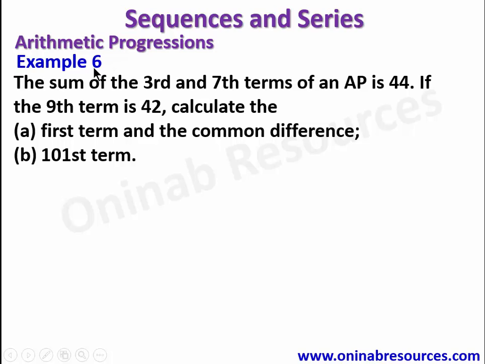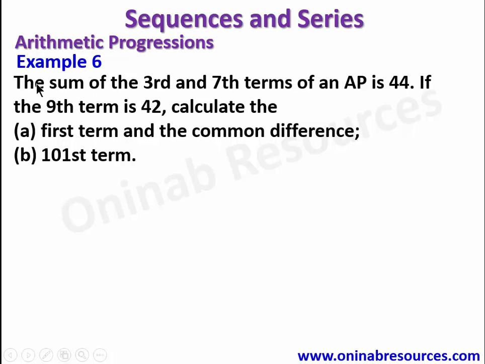Example 6. The sum of the third and seventh terms of an AP is 44. If the ninth term is 42, calculate A, the first term, and the common difference, and B, the 101st term.